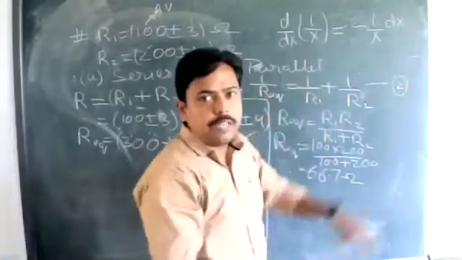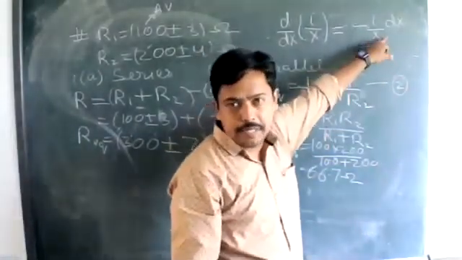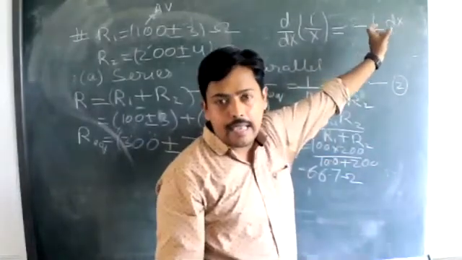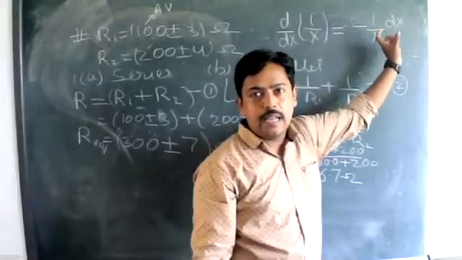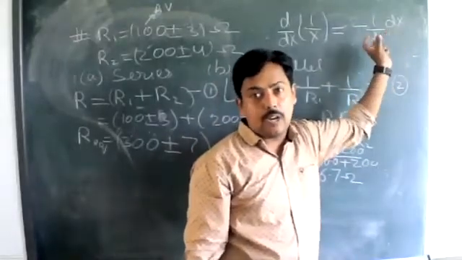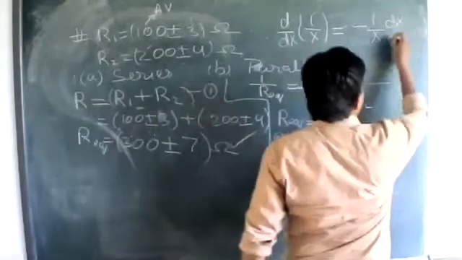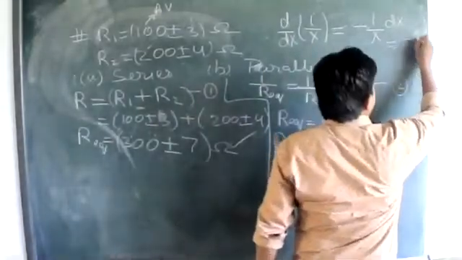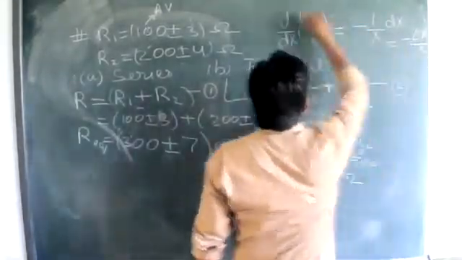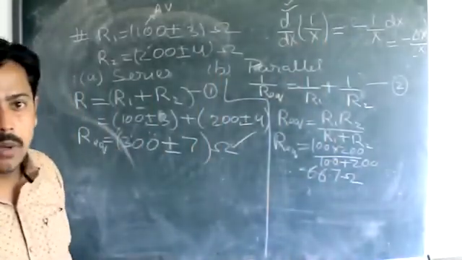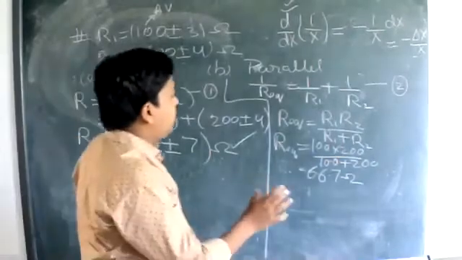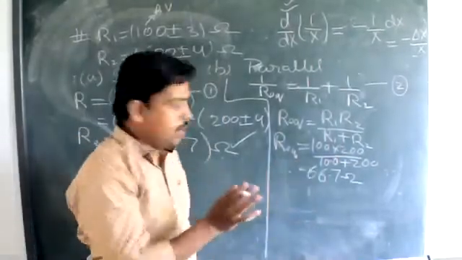This dx stands for delta x, as I told you last time. It shows the fractional change in that quantity. So this is equal to minus delta x upon x squared. This formula you have to learn. It is not given in your book. This is the property of differentiation that will be used.